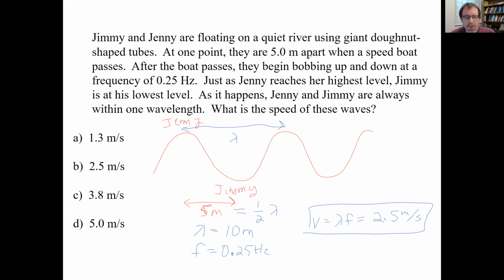I've got 10 meters times 0.25 hertz, and I end up getting 2.5 meters per second. If you recall back to the last video, or maybe even the one before that, a hertz is 1/seconds. It's per second. So the units do work out there.